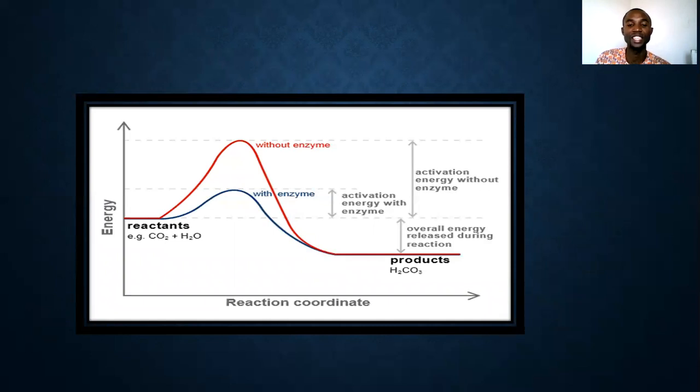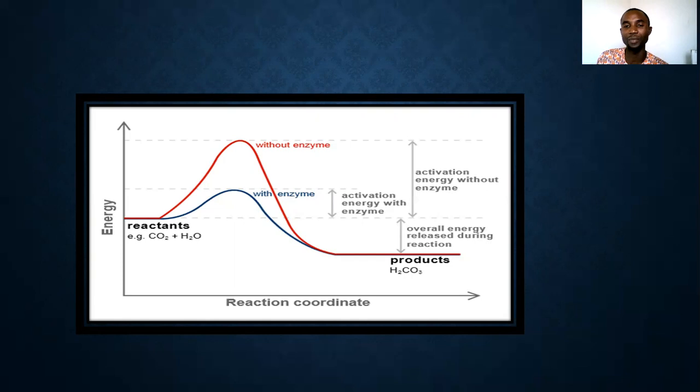You can see the chart. Activation energy of the uncatalyzed reaction, that means without enzyme, and with enzyme. Without enzyme, it will take more time for a reaction to occur because more activation energy is needed, while for the catalyzed reaction, activation energy is lower.